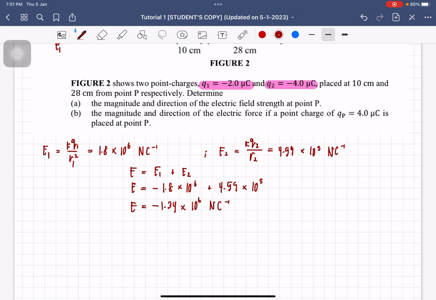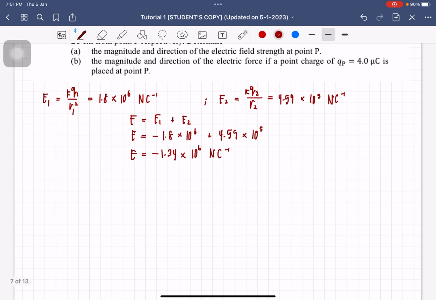What the negative is telling you is that it is pointing to the left. So you can either write it as E equal to 1.34 times 10 to the power of 6 left, or do it this way, should be fine. Okay, so that is for the electric field.